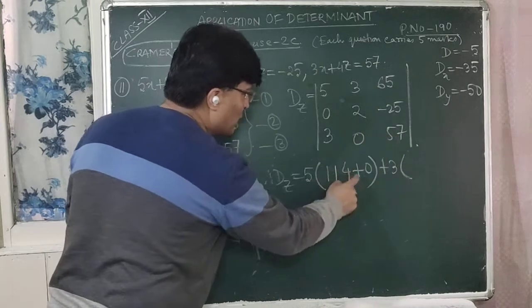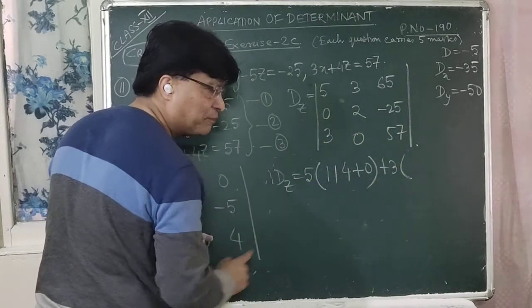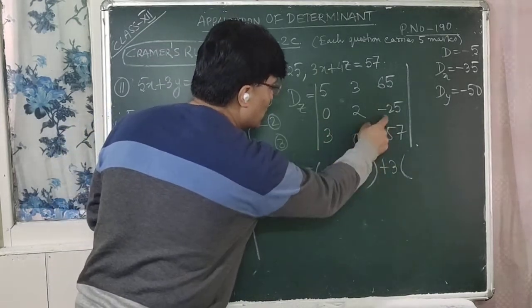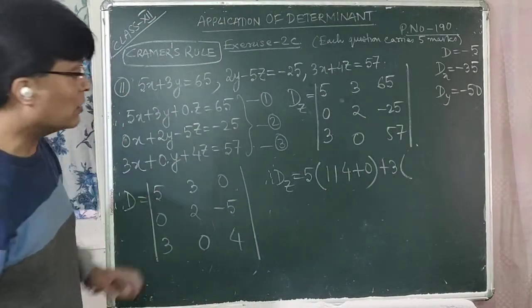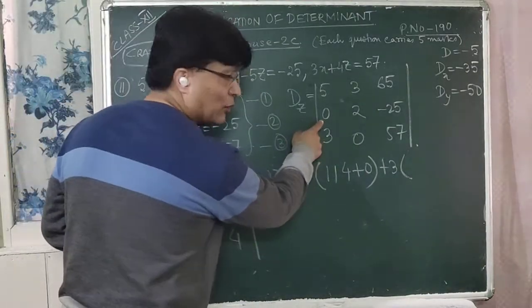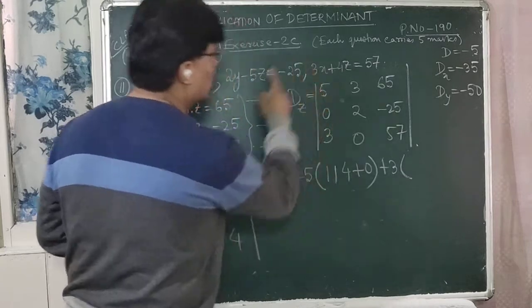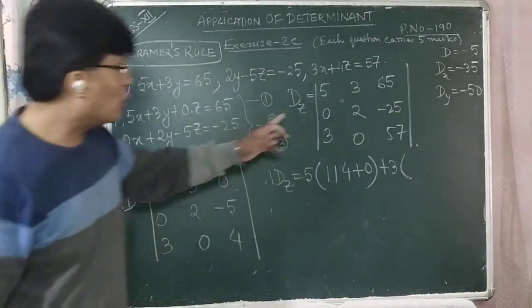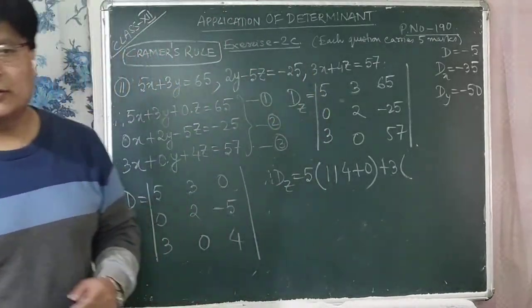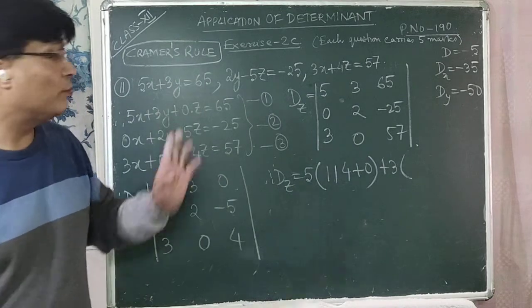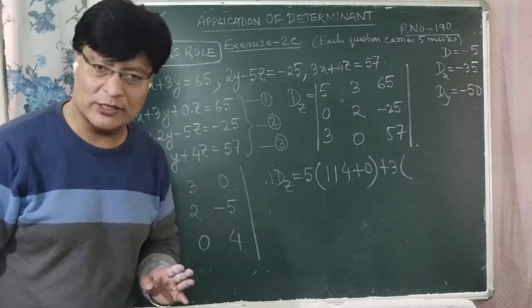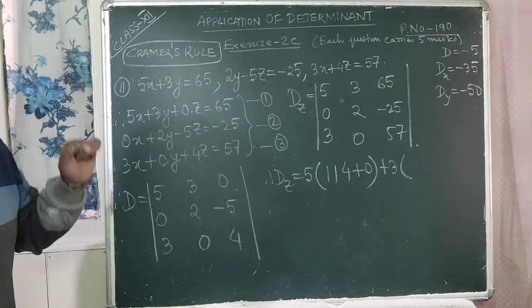So 2 7s are 14, 4, 1, 5 2s are 10 plus 1 is 11. And minus and minus plus, 25 zeros are 0. Then comes minus 0, because we are expanding with respect to the first column. Will you write minus 0? No, because 0 into any number is always 0.